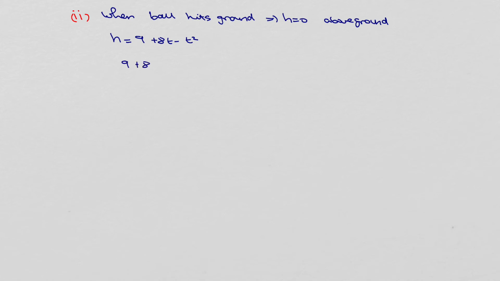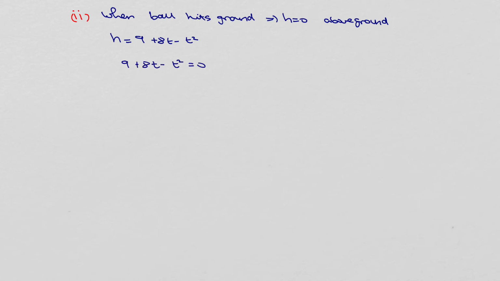Well, when the ball hits the ground, the height above the ground must be 0. So that means I can take the equation h equals 9 plus 8t minus t squared. And if I let h equal 0, well, what am I left with?